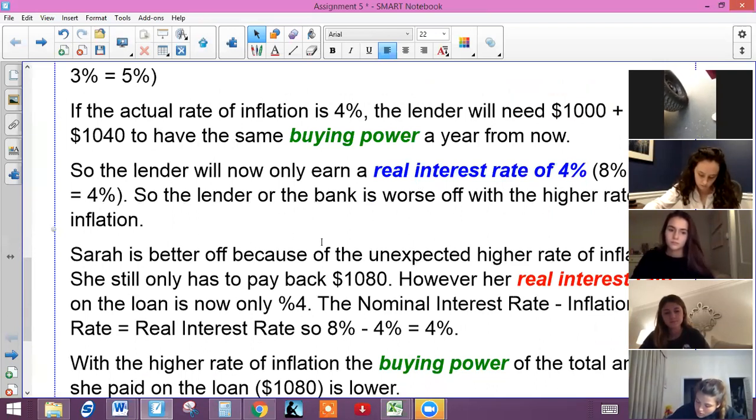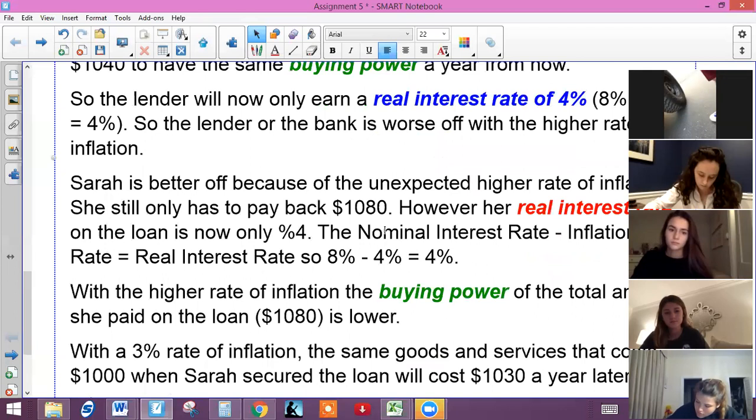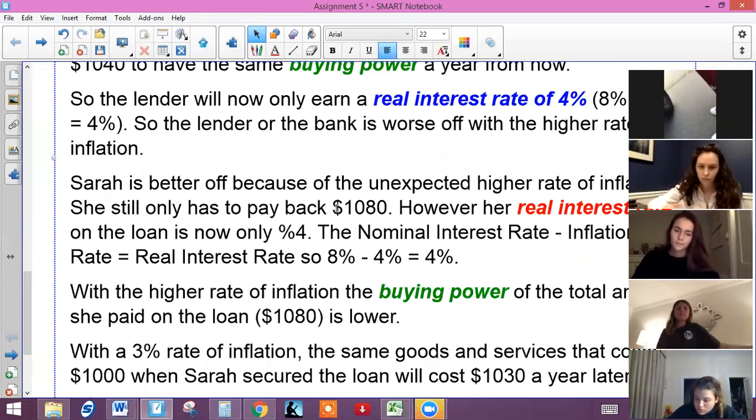So that shows you that mathematically, Sarah's going to be better off because she still only has to pay back nominally, no matter what the inflation rate is.